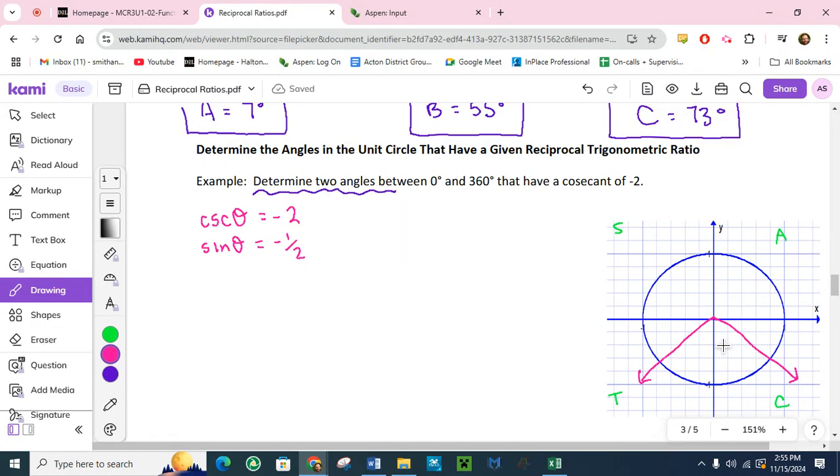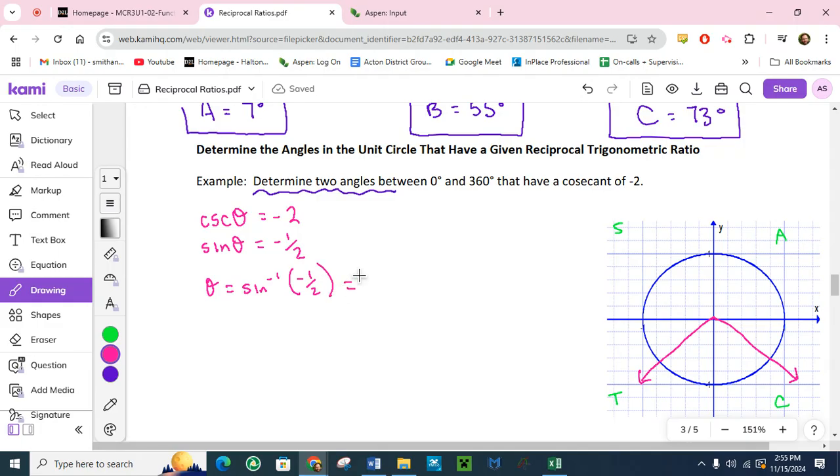So we draw things first, and then we use our calculators. Whatever our calculator gives us unlocks what we're going to do next. What did you get when you did inverse sine of -1 over 2? I will do it as well.